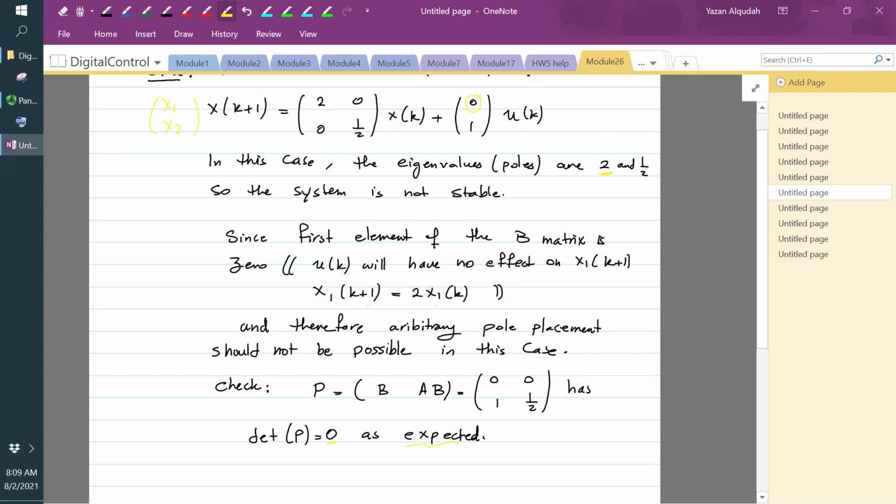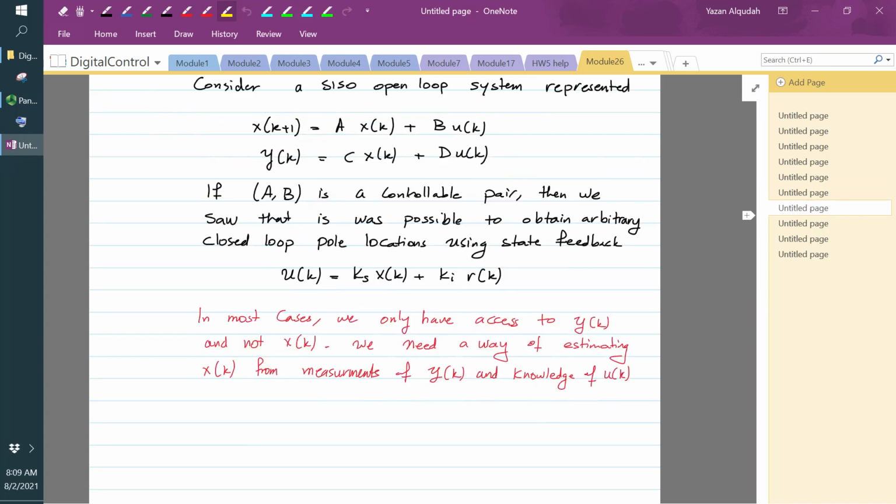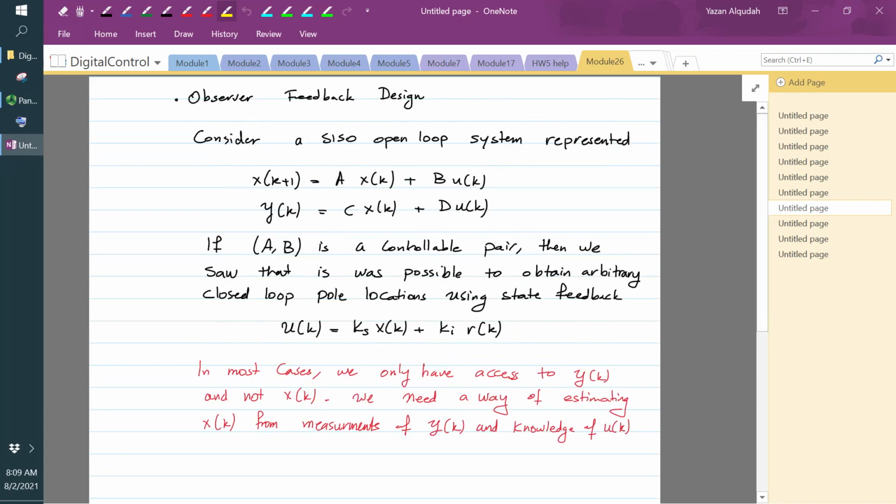So here we saw two examples. One system is controllable and one system is not controllable. If the system is controllable, then we can place the poles using the state feedback that we introduced in order to place the poles at any location. Now, in order to apply this method, we need access to all the states of the system.